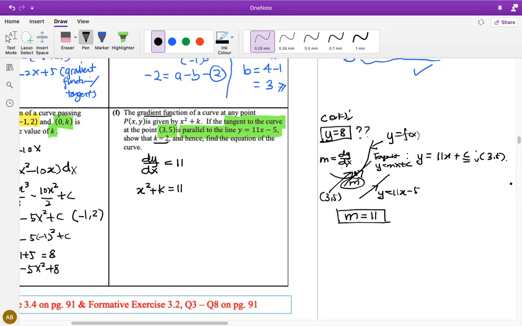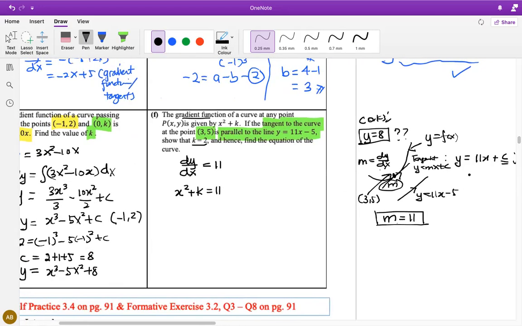So that one, we are not going to do that. That is in differentiation, right? So we just substitute the value 3, 5 here. So 3, we don't need 5, we only need 3. So that is 3 squared plus k equals to 11. So k equals to 11 minus 9. So k equals to 2. So proven, right? Proven.